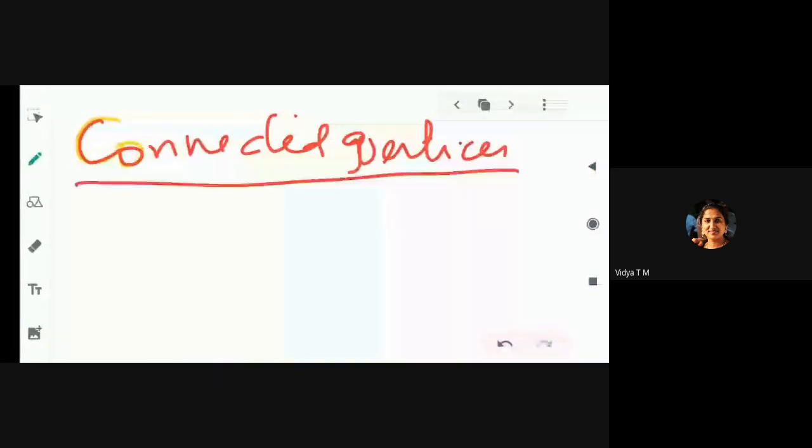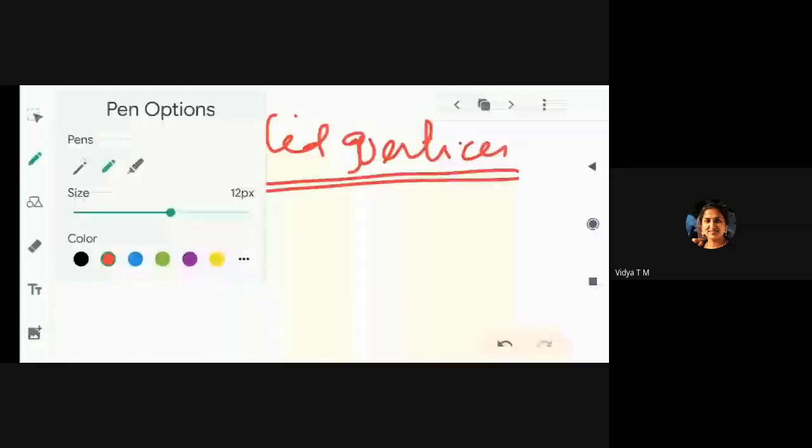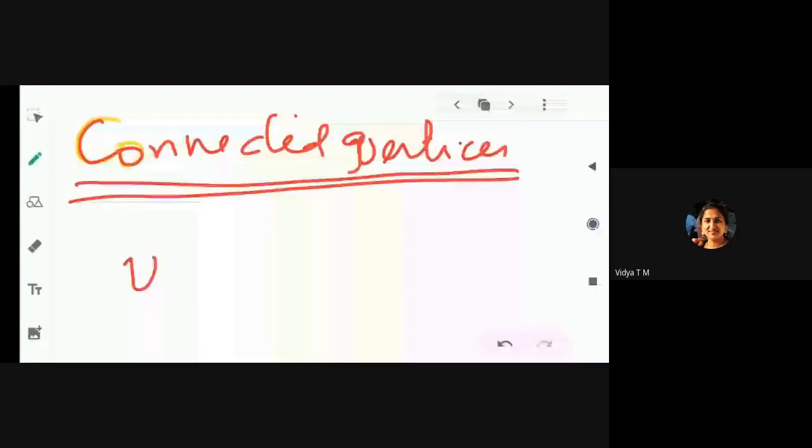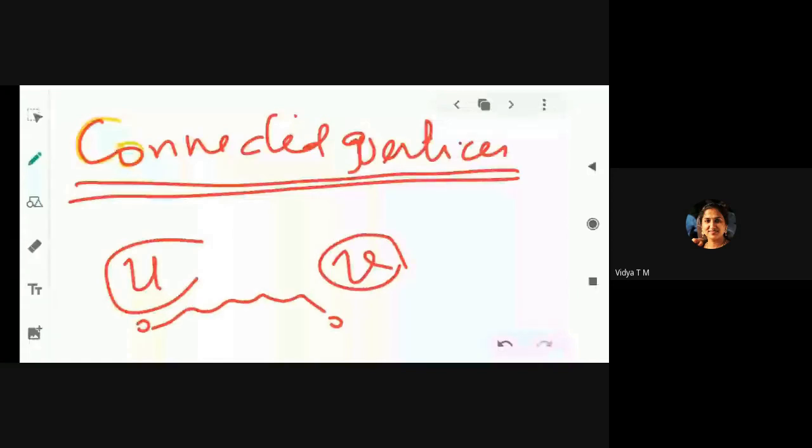So 2 vertices in a graph, let us take them as U and V. I will say that those 2 vertices are connected if there is a path connecting U and V. That means there must be a UV path starting with U and ending at V. Then we say U and V are connected.